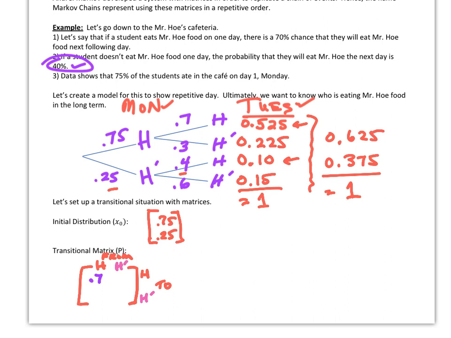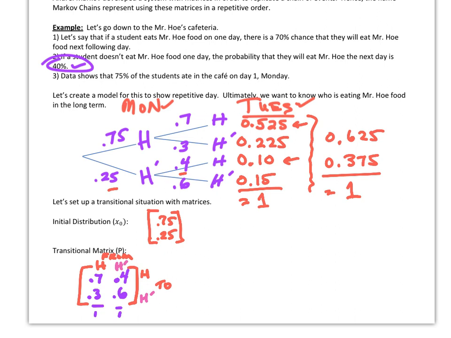And then this one right here is going to give me not Mr. Ho to Mr. Ho, which would be 0.4. And notice that my vector is going down for this one. If I go Mr. Ho to not Mr. Ho would be my 0.3. And then this one would be 0.6. Notice these add to 1. Okay? So that would be my transitional matrix.